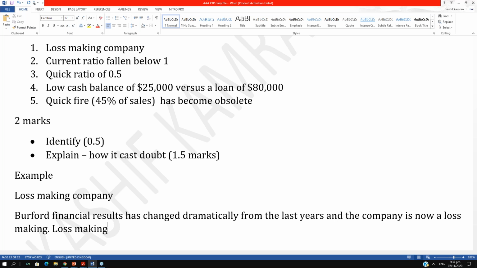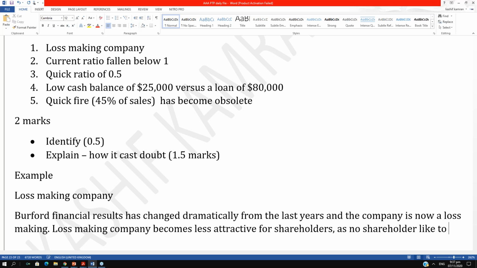A loss making company becomes less attractive for shareholders, as no shareholder would like to invest in a loss making company where they fail to get a return on their equity.